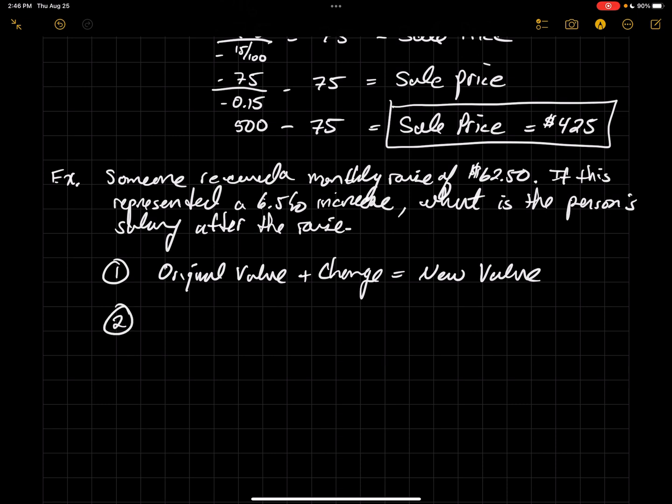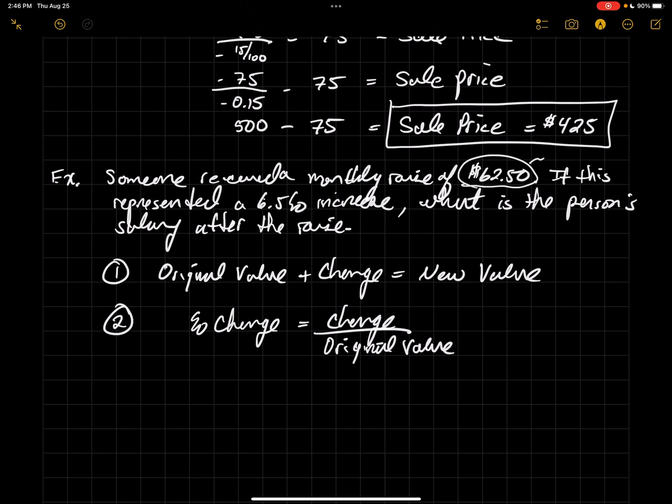And then equation number 2 is percent change is equal to change divided by original value. If I just think about the information that's given in the problem statement, the change is the 162.50. So this is the change. And then, of course, the 6.5% is the percent change.